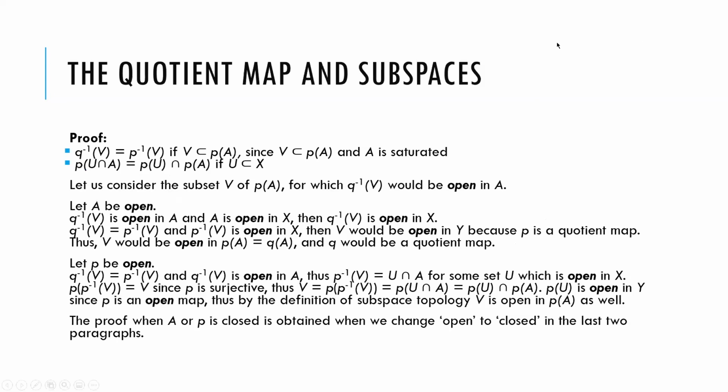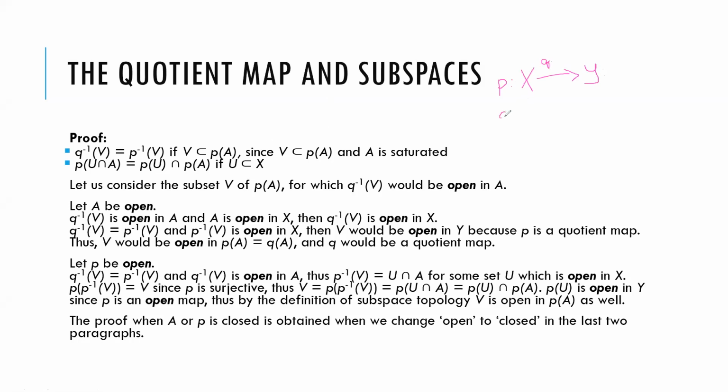Basically I have the entire proof on the screen. I'm just going to read it. For the rest of the proofs, I have left some parts so we can do them together as an exercise. So if we have a subset V of P of A, for which Q inverse of V is open in A. Let me just put P and Q on the board. P maps X into Y, and it's a quotient map.